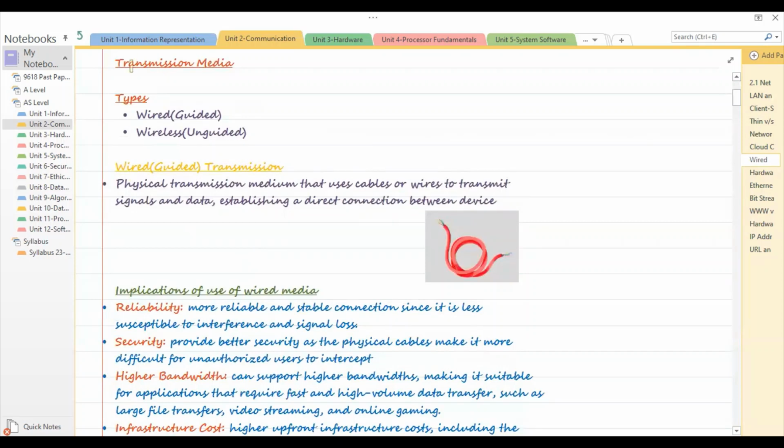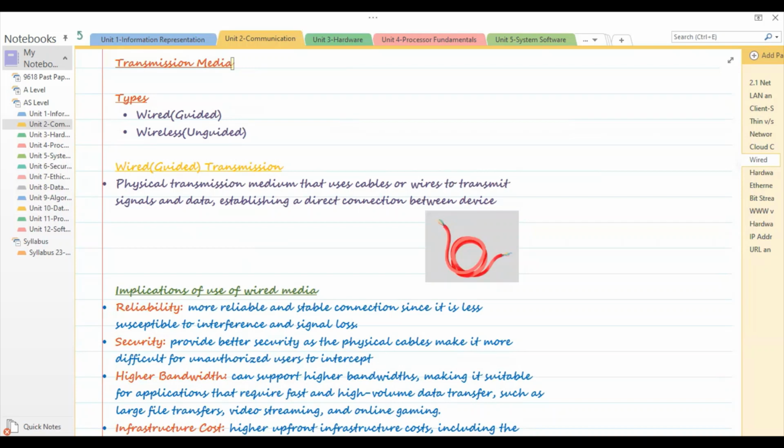Okay. So transmission media basically is a way of transmitting data between different computers. So when you create networks, you need to connect those devices using any one type of transmission media, and that transmission medium can be wires, or it can be wireless also.